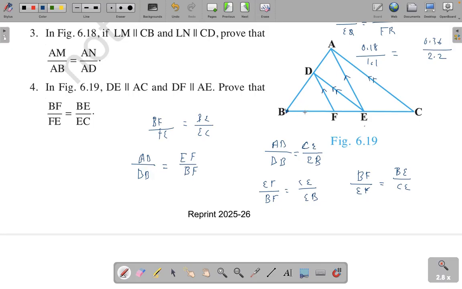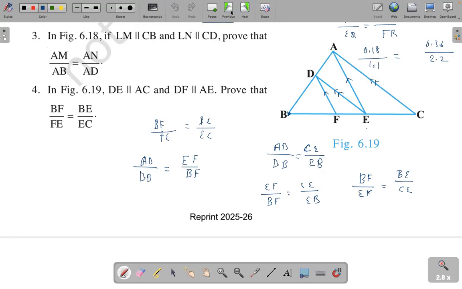Okay. Sir, but the order in which we write the side is not important, right? Like BE or EB. No. So what I was trying to say is, if you write AD upon DB, you'll have some confusion in writing, say either I should write BE upon EC or CE upon EB. So that may create a confusion.